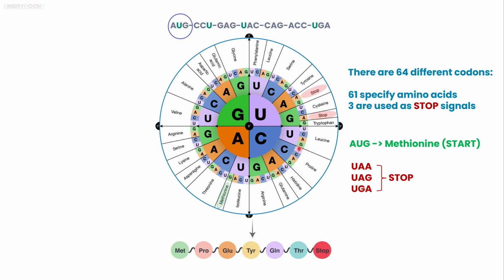For example, CCU, CCC, CCA and CCG all 4 code for proline. Similarly, 4 ways of coding leucine, 2 ways of coding histidine, and so on. Please remember this information because this will be important when we are talking about genetic mutations.